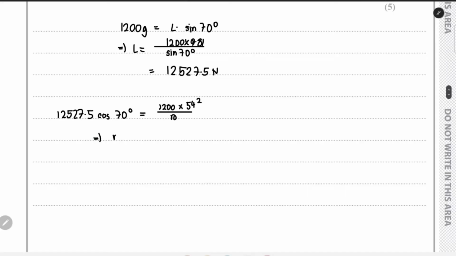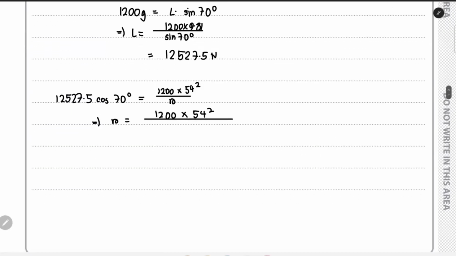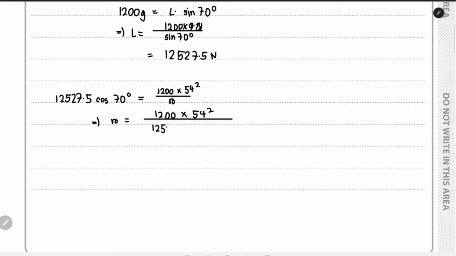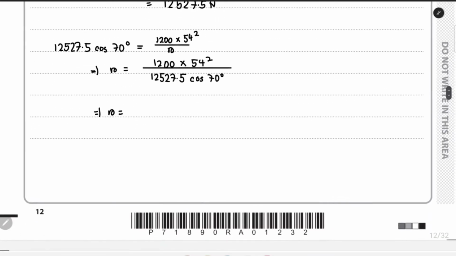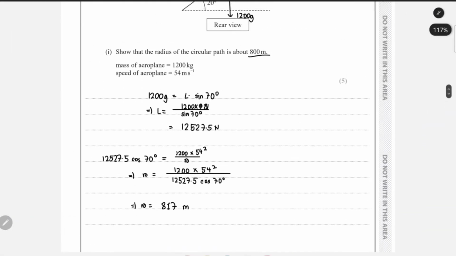Now I'll just find the value of R, which will be 1200 multiplied by 54 squared divided by 12,527.5 cos 70 degrees. You also could have used the exact values of L to calculate this. The radius comes out to be 817 meters, which is close to 800 meters.